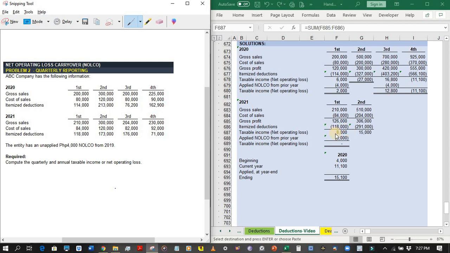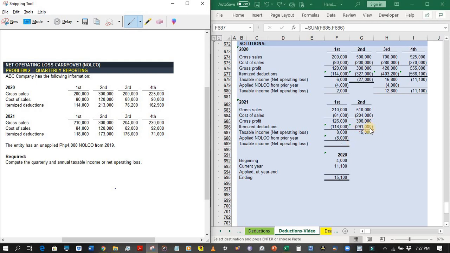And during the first quarter, we applied an 8,000 NOLCO, which came from the 15,100 available balance at the start of 2021. So the question is, since the taxable income for the second quarter is 15,000 pesos cumulative, are we allowed to deduct NOLCO from the 15,000 pesos? The answer is yes.